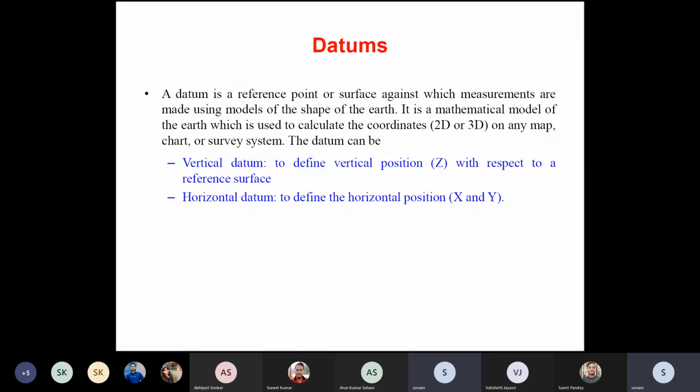Now we are moving to the next topic, which is about the datum. What is datum? Again, this is a very fundamental question. These few things are very fundamental, and I do not know why students are not able to answer this question.